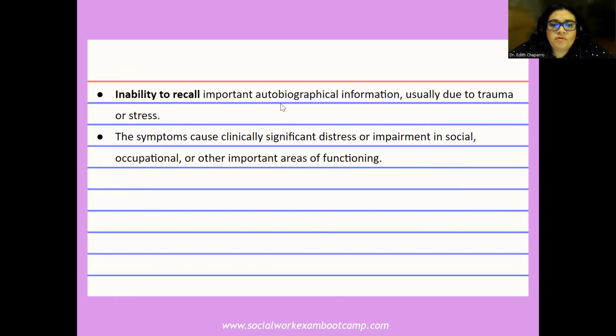Important autobiographical information is information about yourself, right? Like who am I, my name, who is everybody. Usually it's due to trauma or stress, okay? And the symptoms cause clinically significant distress or impairment in social, occupational, and other important areas of functioning.